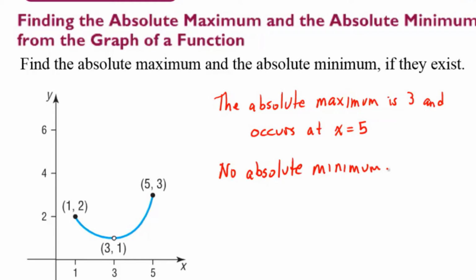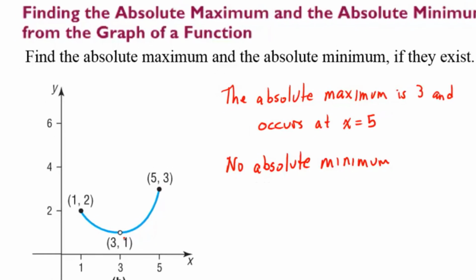The idea behind that is, if you said the smallest value is 1.0001, I could say, no, it's 1.00001. In other words, we can keep getting closer and closer to 1 without never actually reaching 1, and because of that, there is no absolute minimum value. So bottom line is, when you have open circles on graphs, you have to be very careful about judging whether there's an absolute maximum or absolute minimum value.